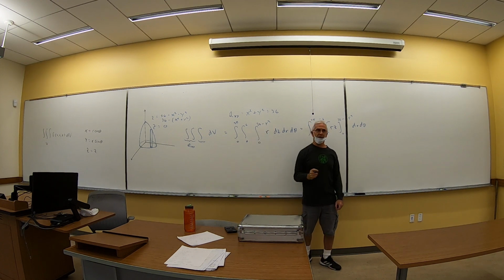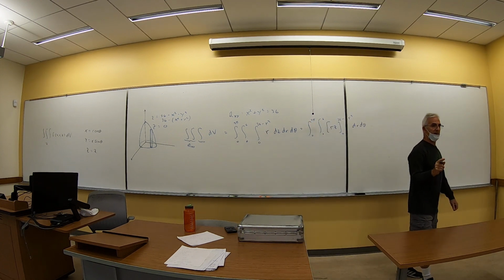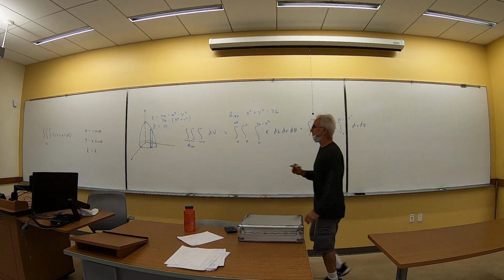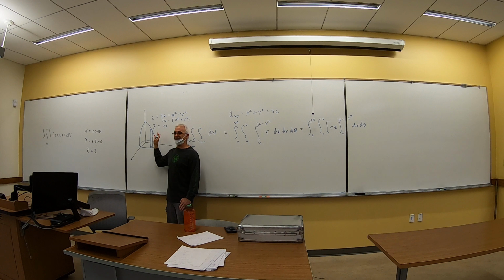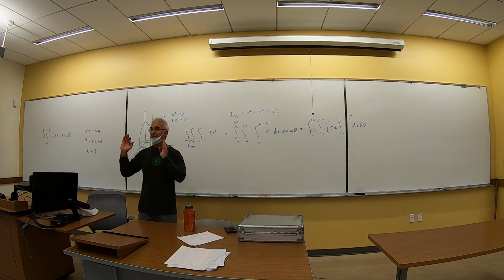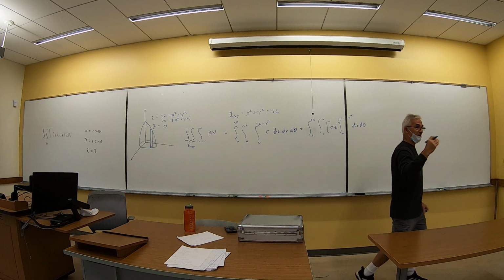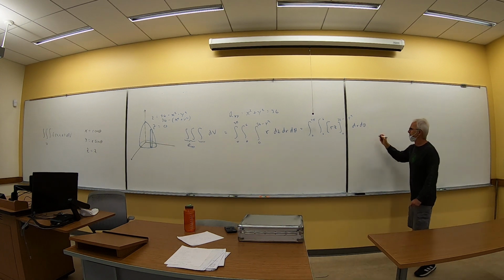So if I switch the order of integration, that would make it way more complicated because r would no longer be constant. r would have to go from something to z, something z-ish. That would be very complicated to try to switch it. That'd be almost like saying, let me look at it sideways. So this would be the best order I can go, and pretty much it's always going to be this order, dz, dr, d theta. Just the nature of the problems.